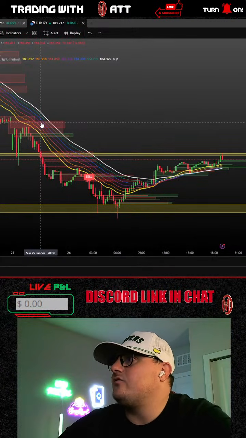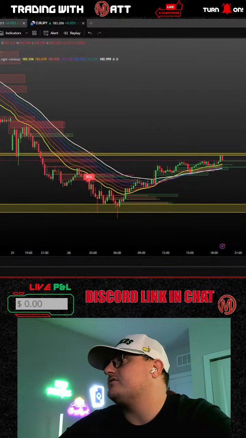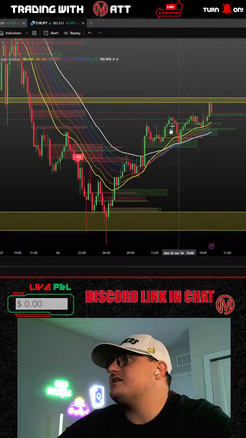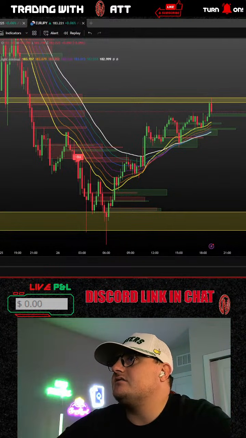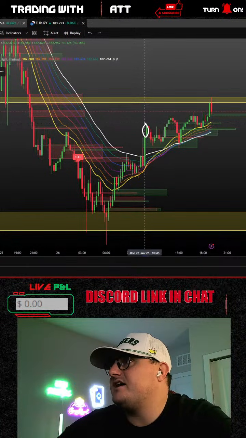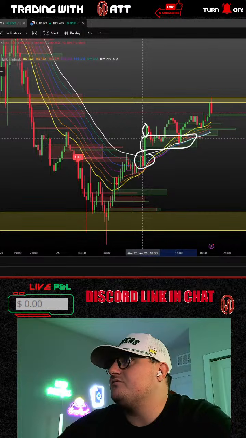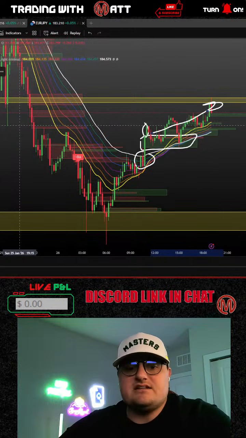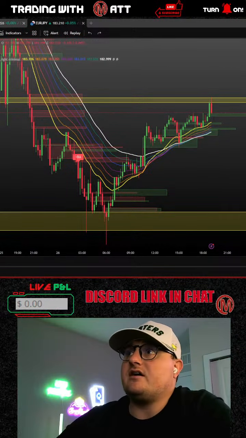I analyze on the 4-hour, drop down to the 1-hour, draw some micro zones, and then either enter on the hour or the 15. But essentially, because we have a ribbon flip here, this green candle closure right here that we had, above the EMA ribbon and a fair value gap was formed, we would take a buy there. And you'd be up here right now. So that is my 15-minute strategy. I've been using it for a long time.